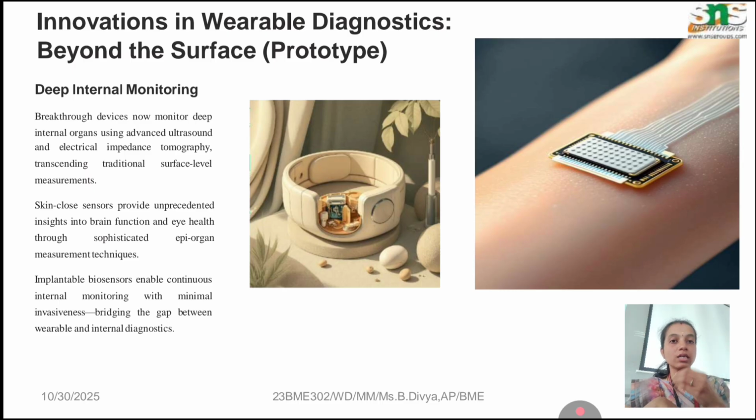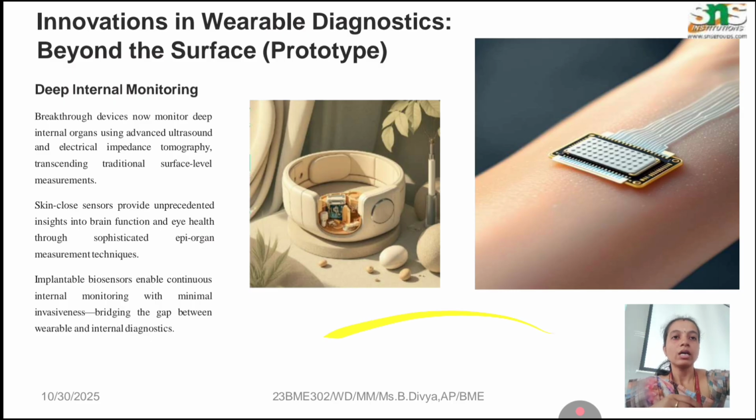Implanted biosensors enable continuous internal monitoring with minimal invasiveness, where we do not need major surgeries, bridging the gap between wearables and internal diagnostics.